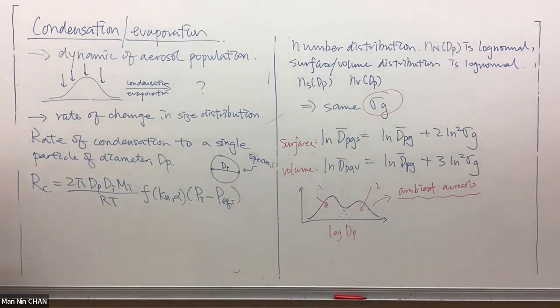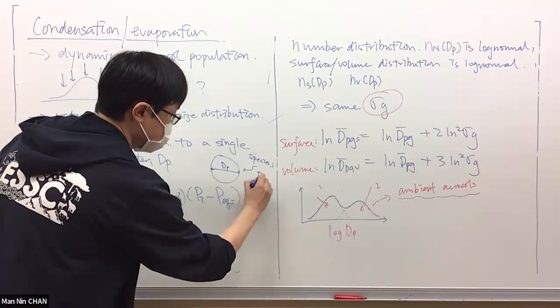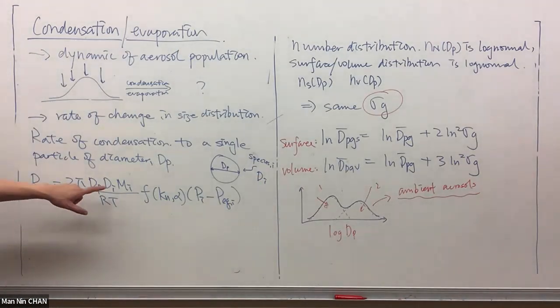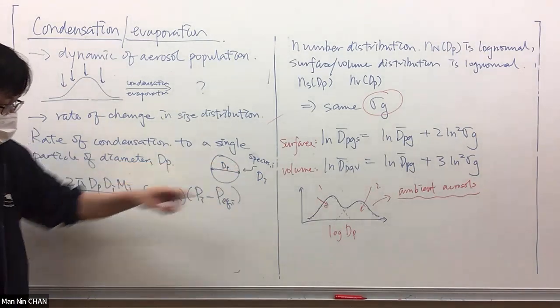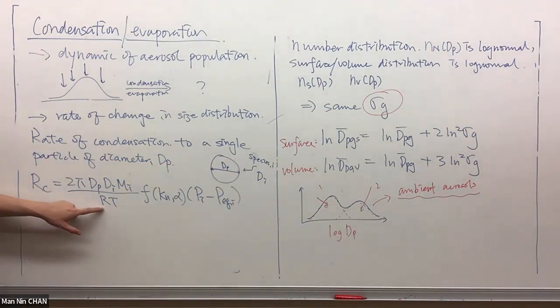So this is the diffusion coefficient of your species, Di. dp is the diameter of your particle, Di is the diffusivity, or diffusion coefficient, of your species i in the gas or in the air. Mi is the molecular weight, or the molar mass, of your species i, divided by RT.